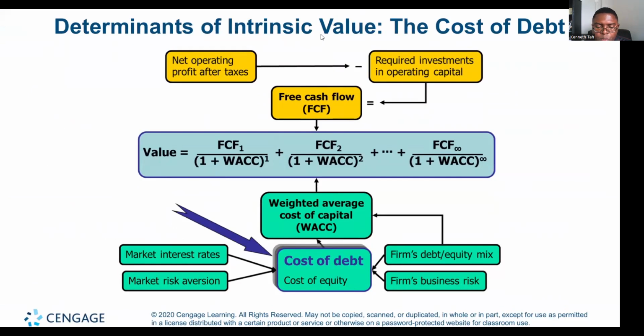So after net operating profit after taxes, we subtract required investment in operating capital. What we have left is the free cash flow. And in calculating the present value of free cash flows, we use the weighted average cost of capital. That is a combination of cost of debt and cost of equity.